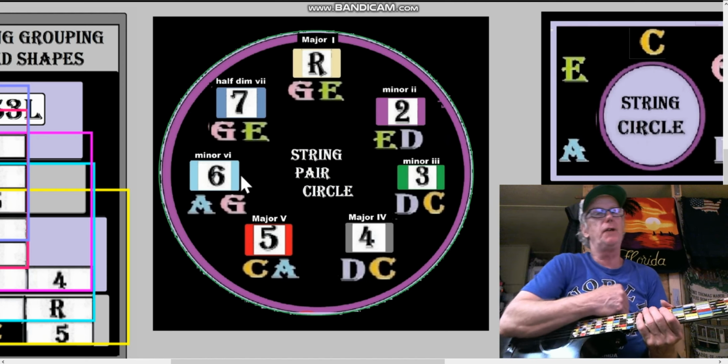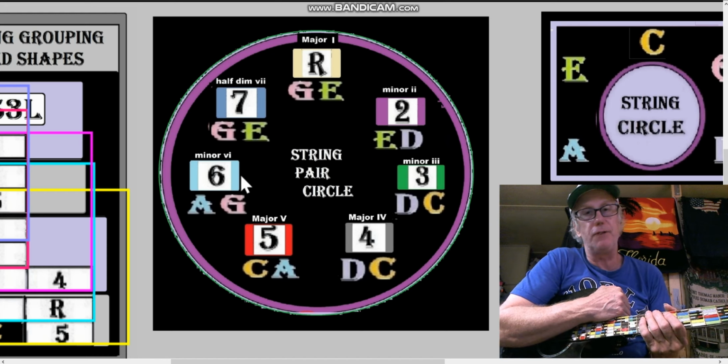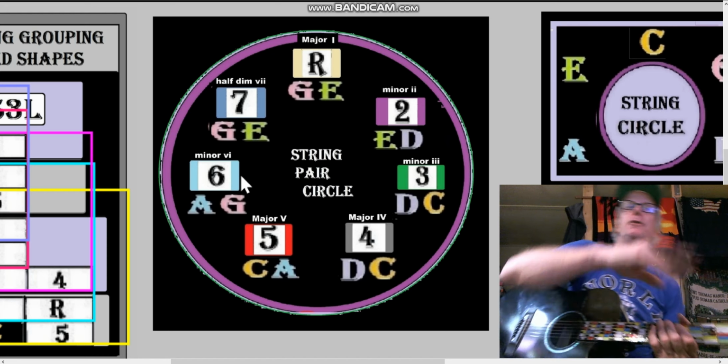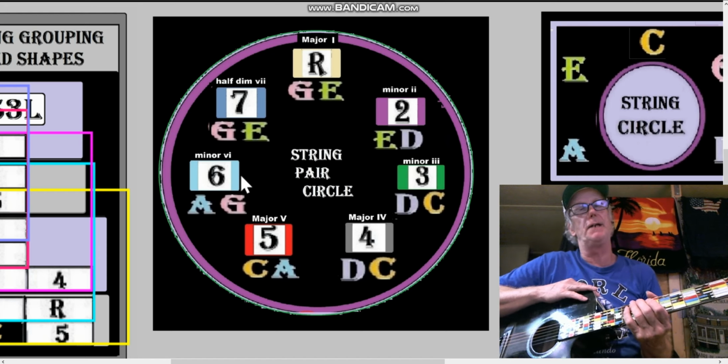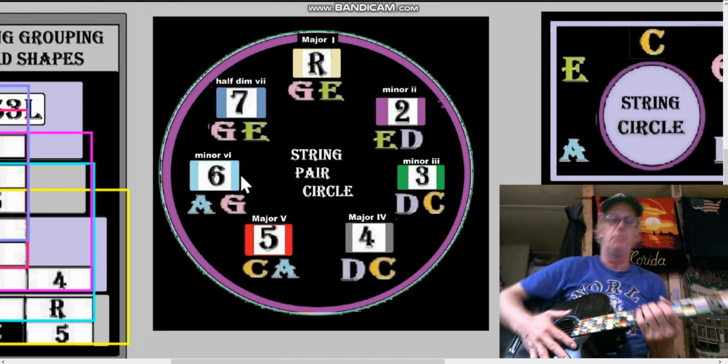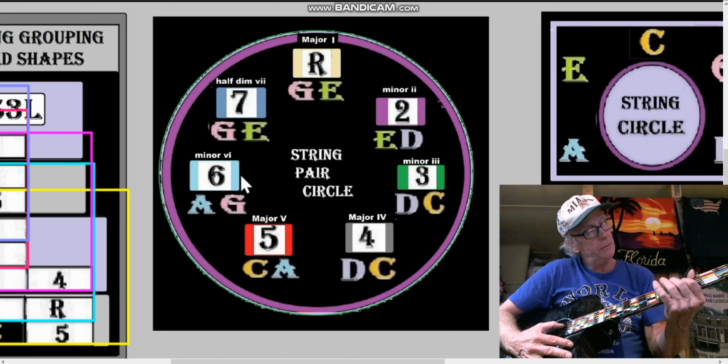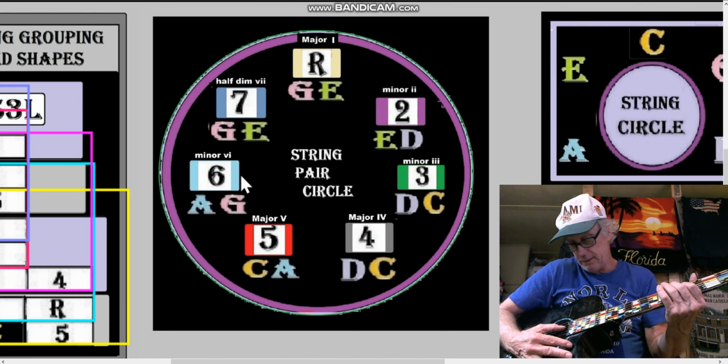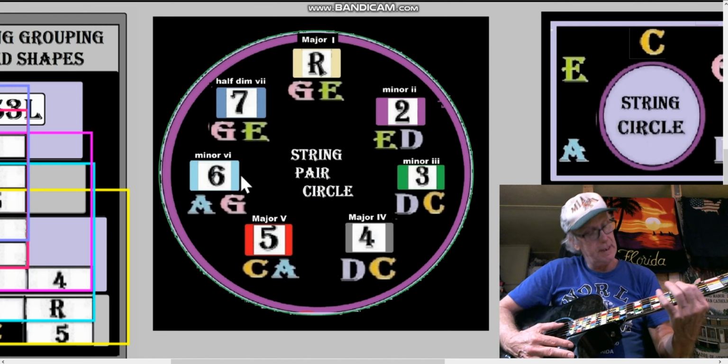Now, you don't have that on piano. You don't have the same note. There are no repeat notes on the piano. They're just octaves. But on guitar, you have the same note. Here's the A string. That is the A string.